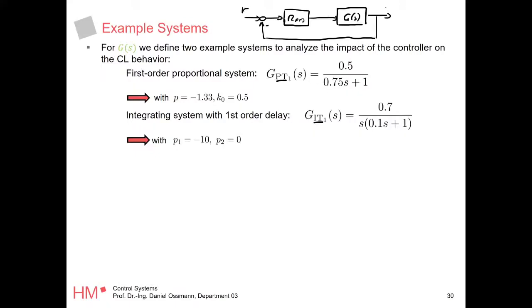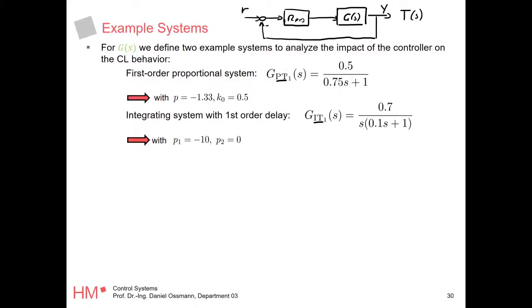So we're going to look at how our reference is transformed to the output and maybe also the disturbance sensitivity. So maybe a good idea would be to look at T of S, the complementary sensitivity function. Okay, so this is the job for the next half an hour.